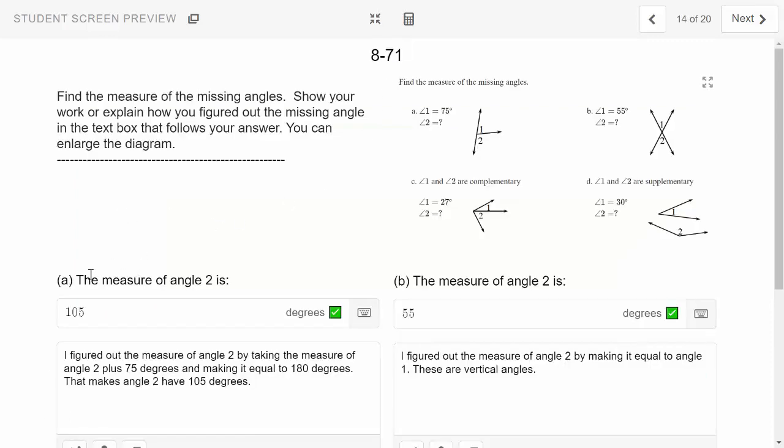Okay, so part A, measure of angle 2 is 105 because 105 plus 75 would make 180. In problem B, I got 55 because these are vertical angles. They have to be equal. If angle 1 is 55, angle 2 is 55.